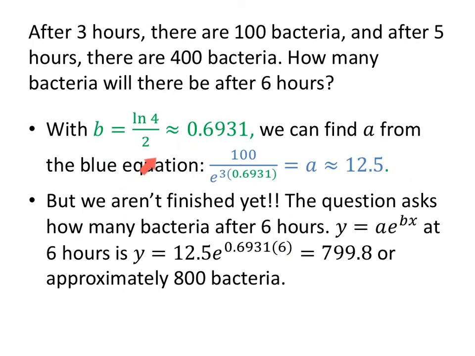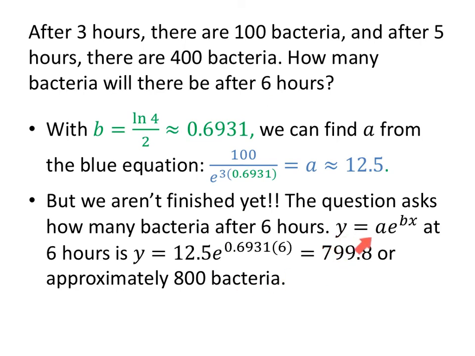And since I do have my b value, I can put it back into this equation where we solve for a. 100 over e to the 3b, substituting my value, equals a. And this is approximately 12.5. All right. But we're not finished yet. A equals 12.5, B equals 0.6931, but I want to know how many bacteria after 6 hours.